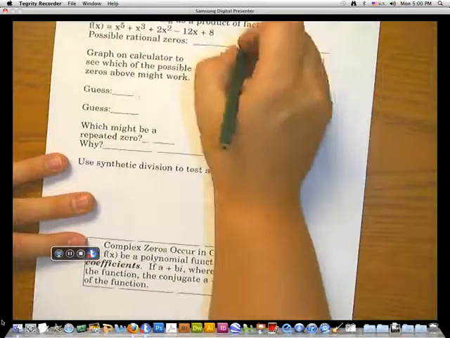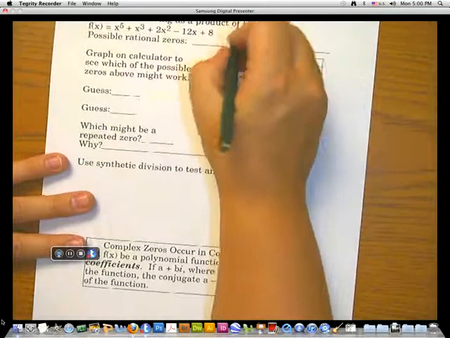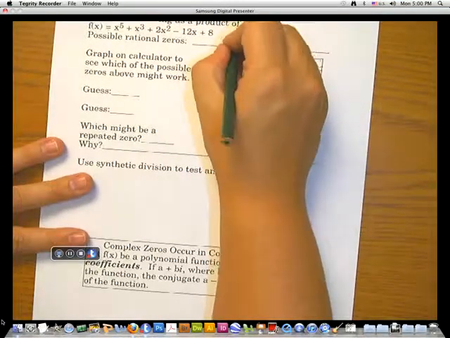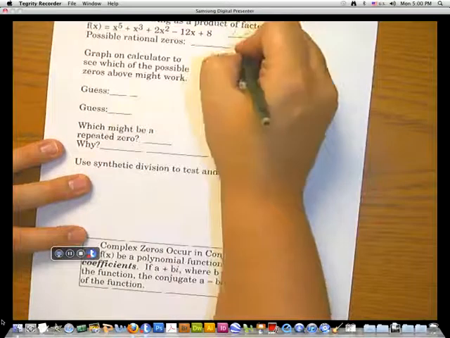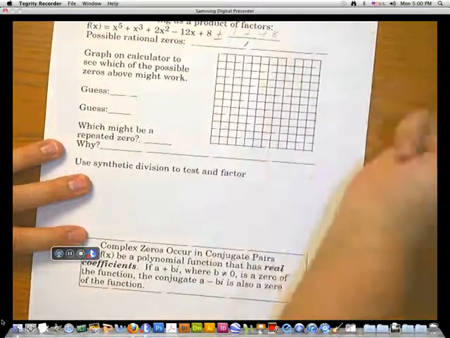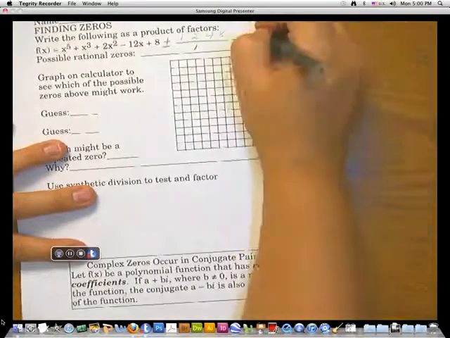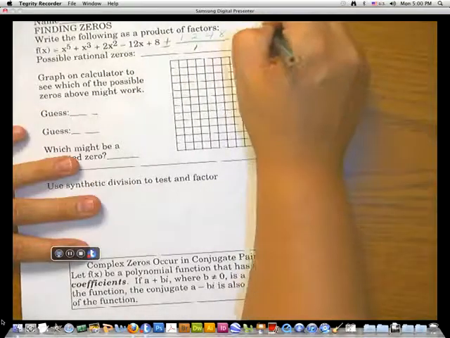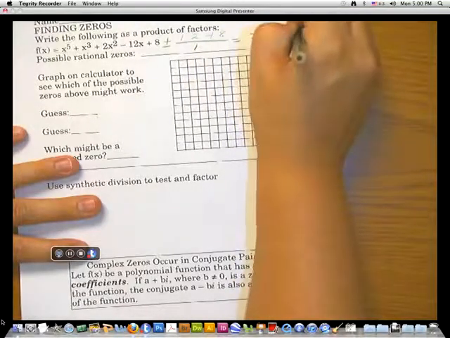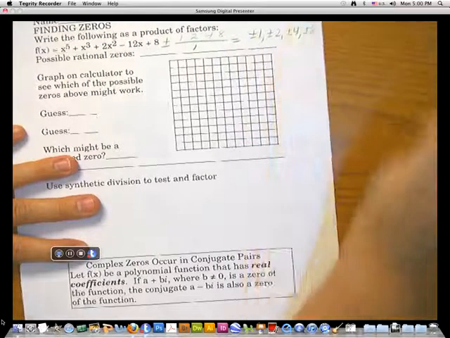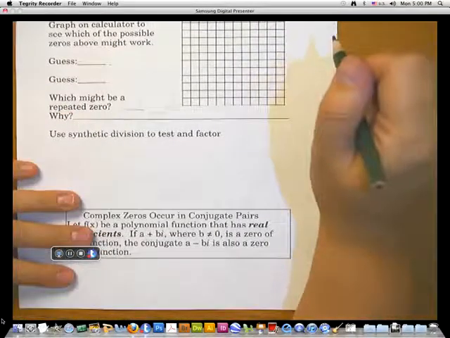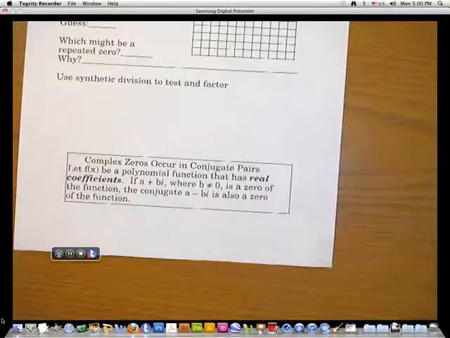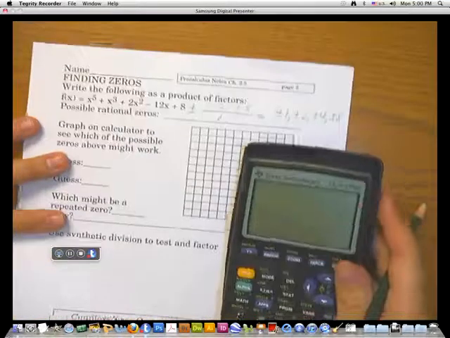I know all the possibles are the factors of the constant, so 1, 2, 4, and 8, over all the factors of the leading coefficient, so positive, negative 1, 2, 4, and 8 are all the possible rational zeros. Now we're going to pull out our calculator.